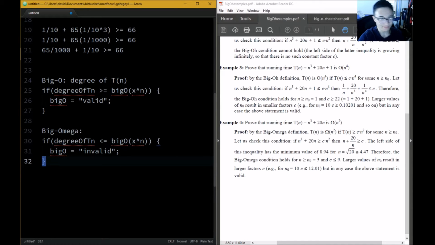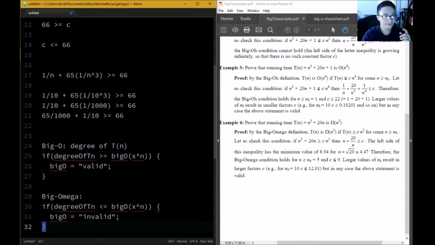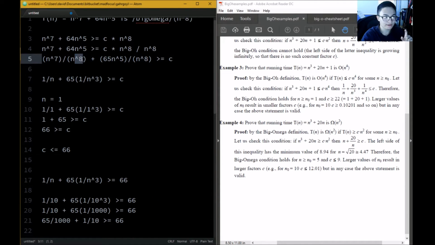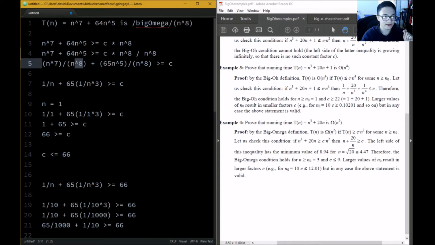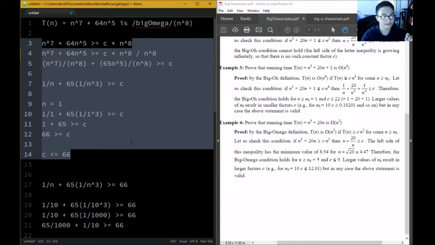So moving on. For big omega to be valid, you want whatever the challenging n is to be less than, or would it be or equal to? Because if you did or equal to with big omega, we found out when the challenging n is greater than the degree of T of n, this is false.